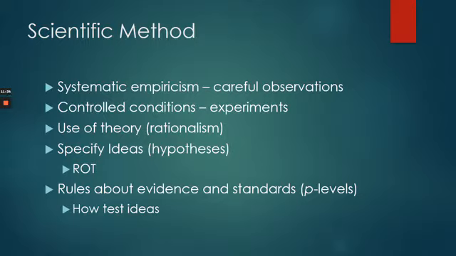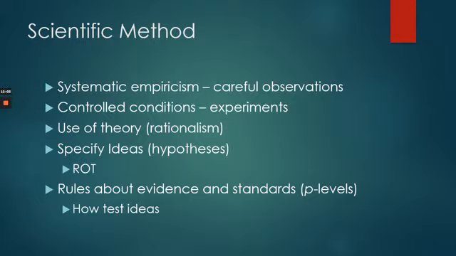We do that in everyday life. But science is more systematic. So we very carefully do our empirical methods to get our measures, to get our observations, to get our data. If you're doing experiments, you're doing controlled conditions. So when you're thinking about scientific method, maybe you're thinking about a lab with a lot of control and what's going on in the lab.